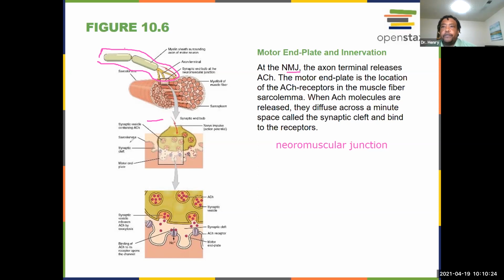And then on the surface of the cells themselves, they have channels, or receptors, that will bind the acetylcholine.